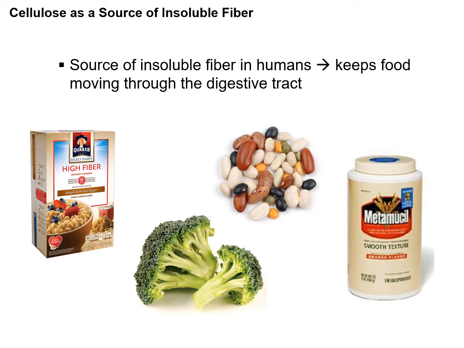And so as it passes through the tract, it abrades the intestinal wall, stimulating the production of mucus. And this aids in the passage of food through the tract, preventing constipation. So a diet rich in fiber is important to help maintain a healthy digestive tract.